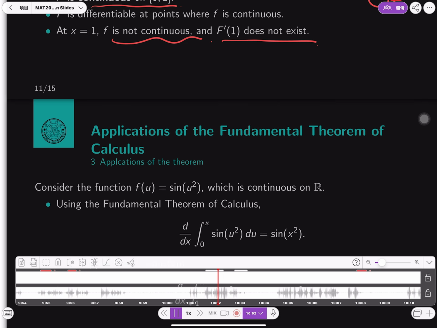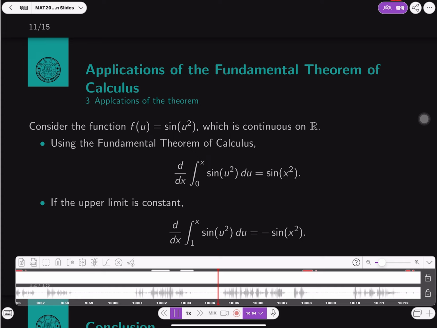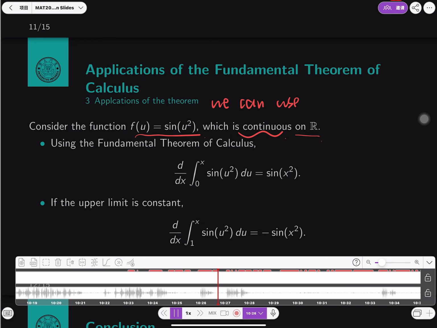Okay, here is another example. Consider the function f(u) equals sine of u squared, which is continuous everywhere. Using the fundamental theorem of calculus, we can directly compute derivatives of integrals without evaluating the integral. It is continuous, so we can use the fundamental theorem directly.